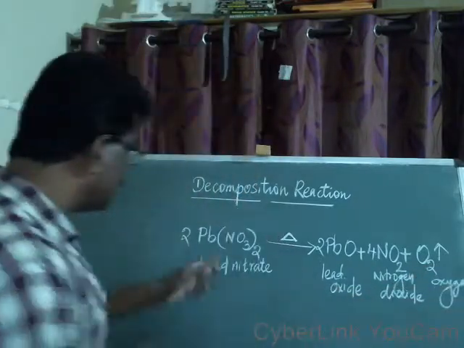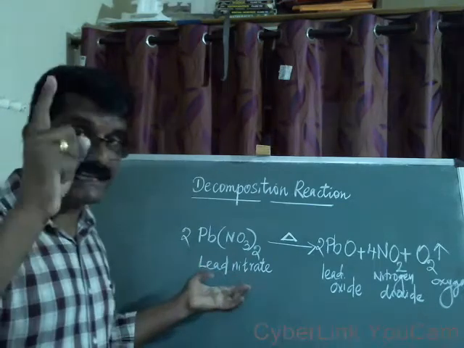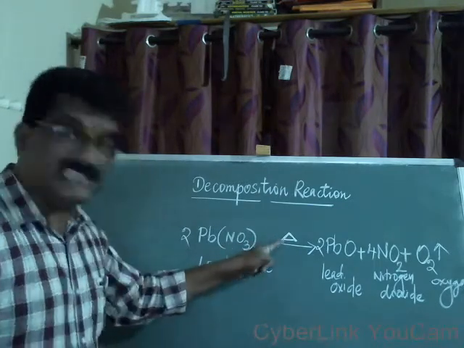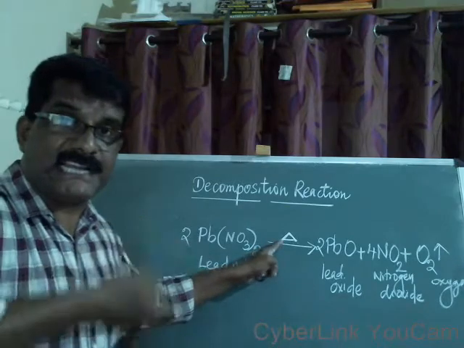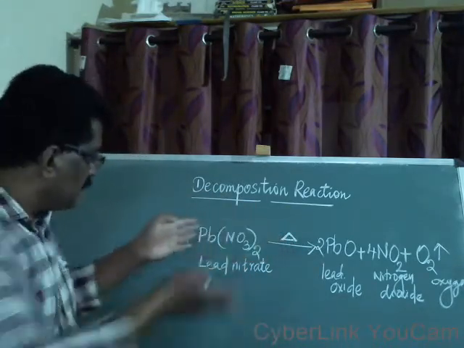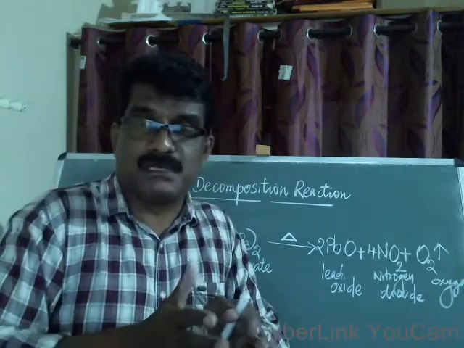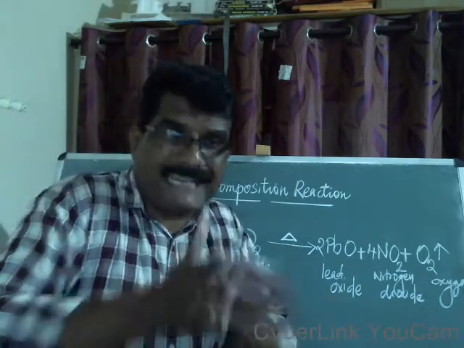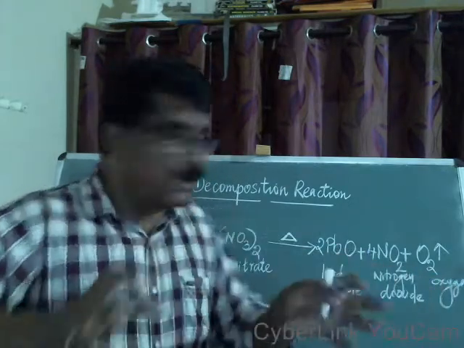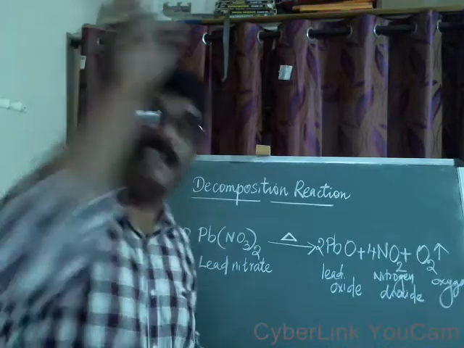So see here, Pb(NO3)2 is lead nitrate. It's a single chemical substance. When lead nitrate is heated, it undergoes a decomposition reaction because the single chemical substance is broken down into 3 products.